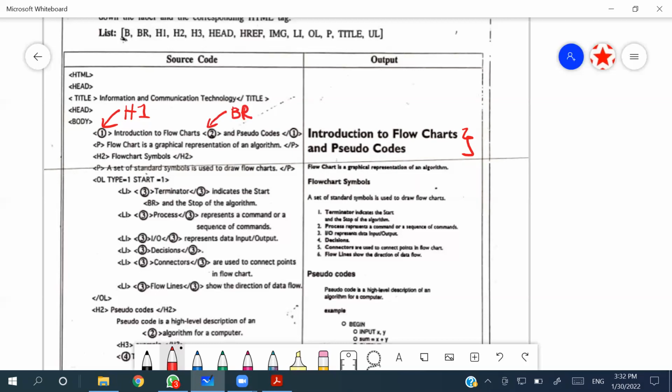So paragraphs are there. The number 3 is staying inside the list. So it says OL type equal 1, that means ordered list. Type equal 1, start equals 1. That means it's a list of 1, 2, 3, 4, and it starts from 1. And later under the LI, People, sorry for these disturbances.